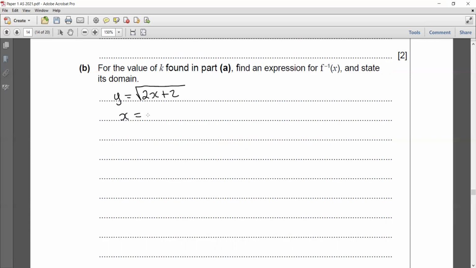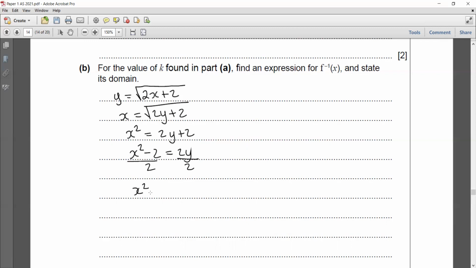So you have x is equal to the square root of 2y plus 2, and then you proceed to make y the subject. So to get rid of the square root, you square both sides. And then this 2 will go this side. You have x squared minus 2 is equal to 2y, and then you divide by 2 on both sides.